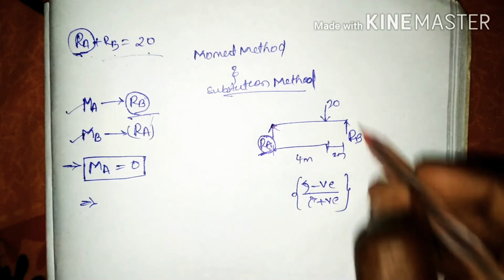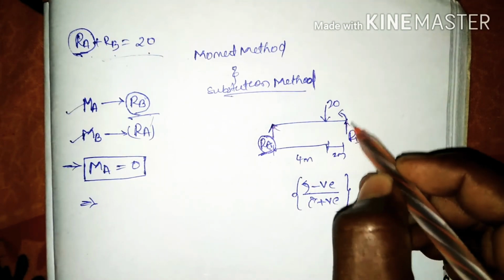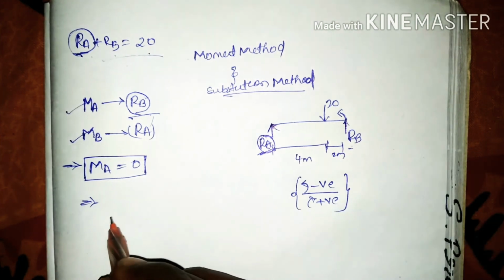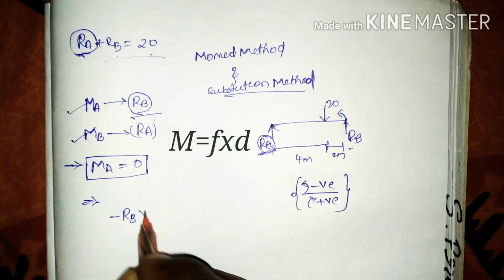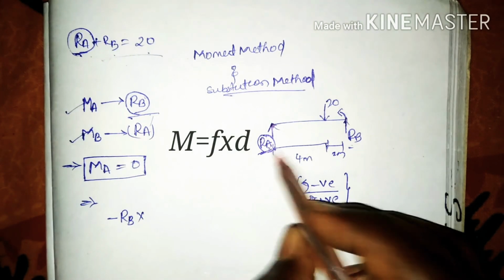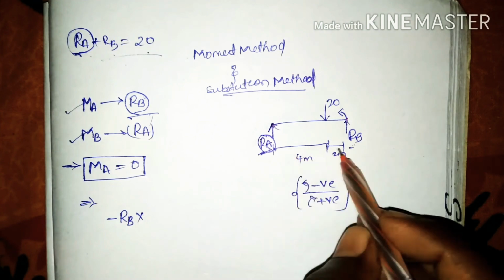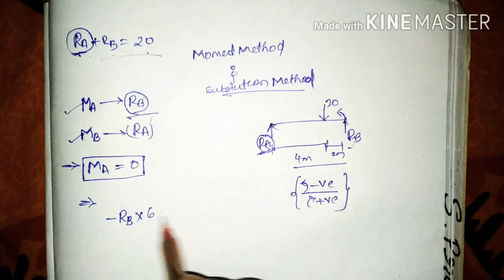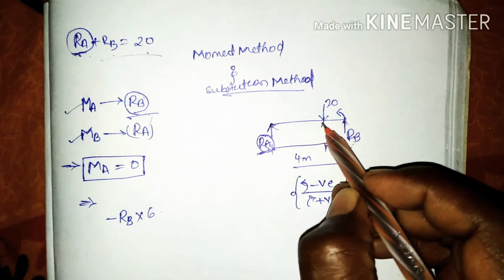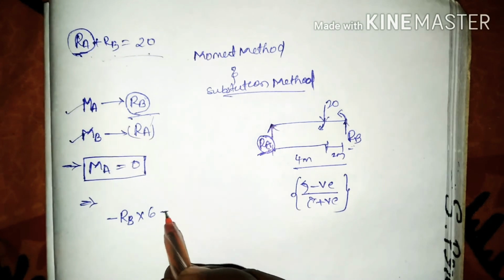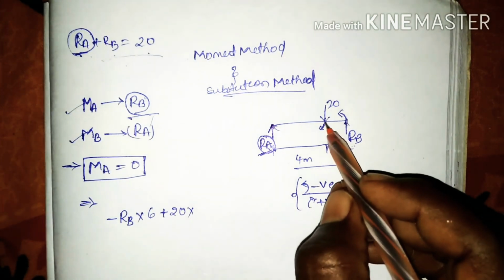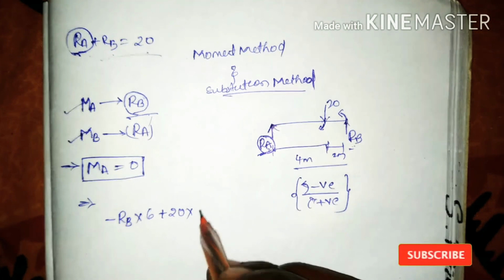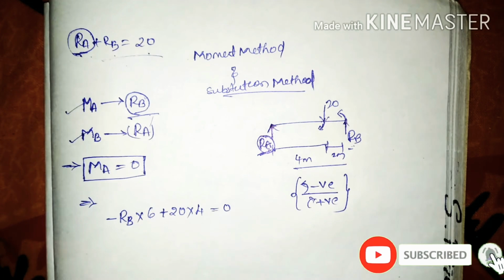For the anti-clockwise direction, here RB is going in an anti-clockwise direction, so I am going to consider this as negative, that is minus RB into, from A to B, the distance of 6 meters. Next, the 20 kilonewton load is moving in the clockwise direction, so it is positive. The 20 into, from A to the load acting point, is 4 meters, and equating is equal to 0.